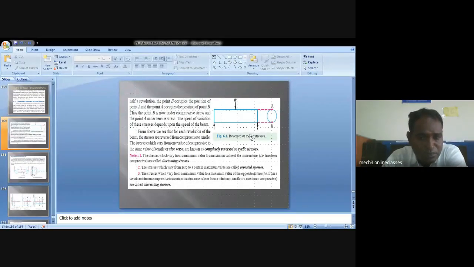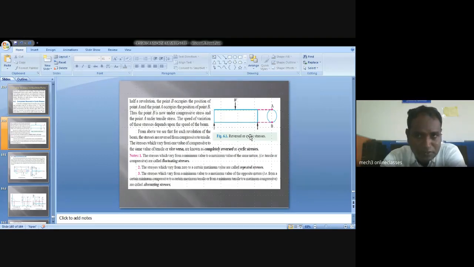This is very important for the body. There are a number of stresses acting on a body. The first one is the stress which varies from minimum value to maximum value of the same nature, which means that point A is in tension the first time and compression the second time of the revolution.